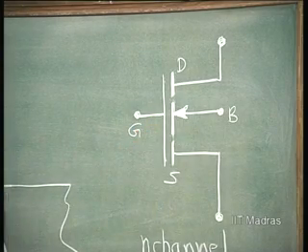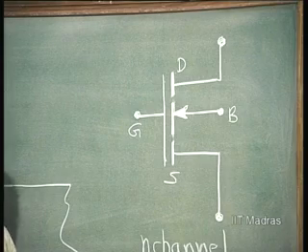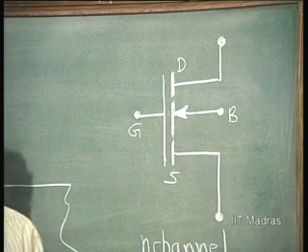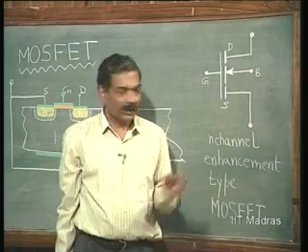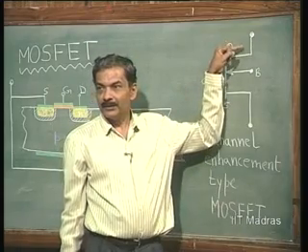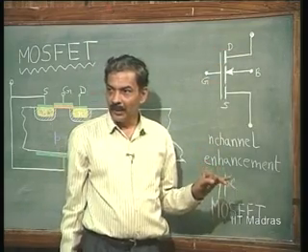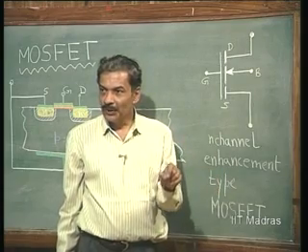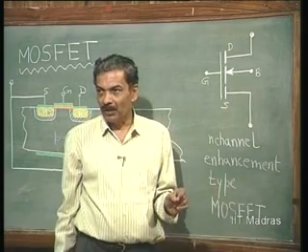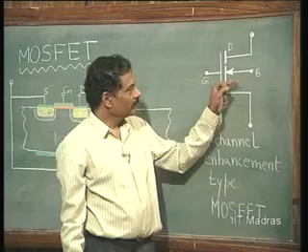This channel can exist only if I apply a voltage. So, this break indicates that this is an enhancement type, otherwise the source is not connected to the drain normally. The break indicates that unless I apply a voltage, the channel cannot be formed. So, this is the symbol.